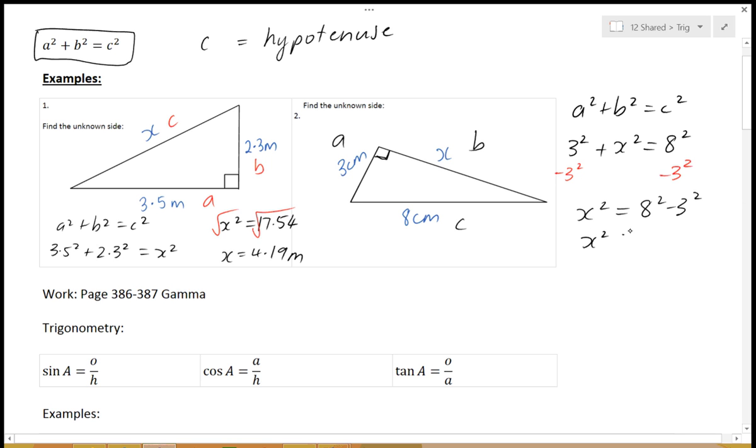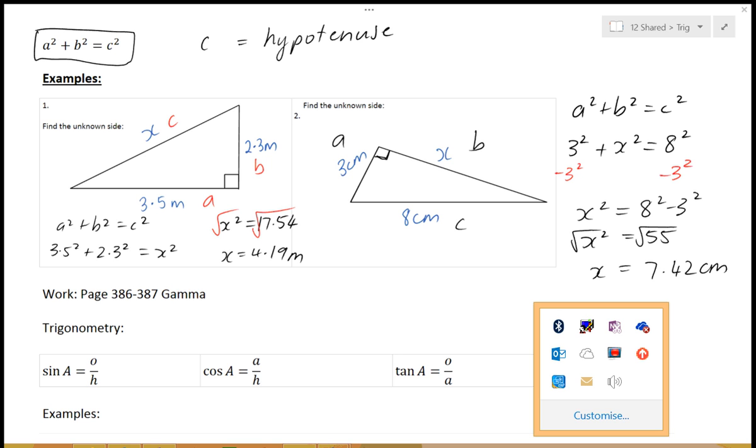So x squared equals 55, square root both sides, and so x equals 7.42 centimetres. Okay, so I'll finish that there, and I'll let you have a go at doing some of these yourself, and then we'll have a look at some sine a bit later on, and cos and tan.